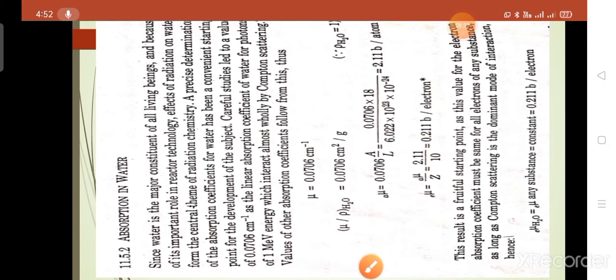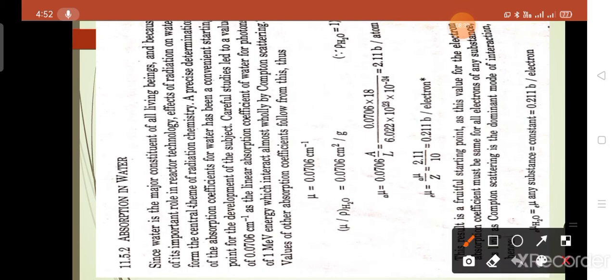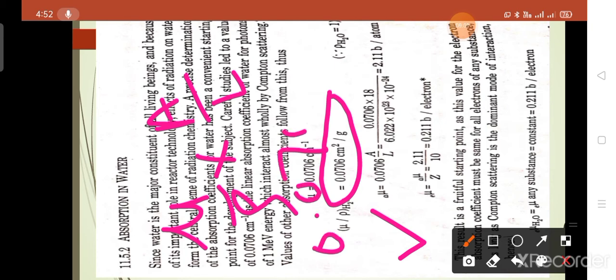Then we have to calculate the atomic absorption coefficient. The formula for the atomic absorption coefficient is mu by rho into A by L, where we know the value of mu by rho, so we put 0.0706 into A. Here A is the atomic mass.